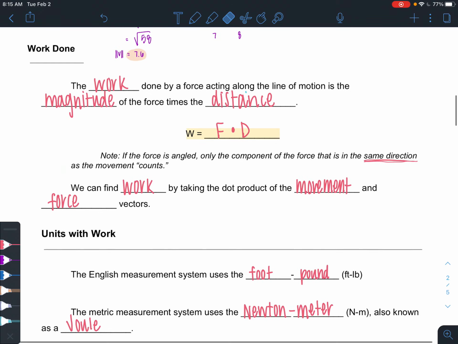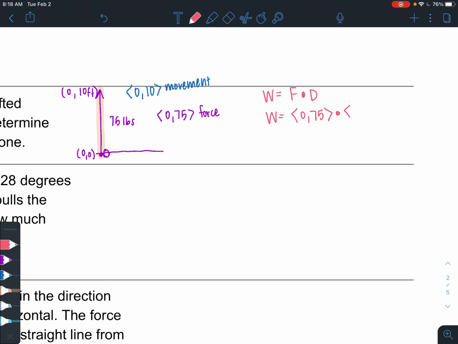This is our force, so we want to find the dot product. Work is equal to the dot product of F and D. Force is 0, 75, distance is 0, 10.